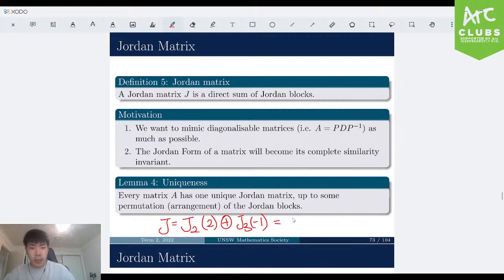But that's the same as me saying J3(-1) direct sum J2. That's what it means by unique up to a certain extent, because we can always rearrange the Jordan blocks however we want. But the main takeaway is that we can always find a Jordan matrix, and furthermore, it will pretty much be unique up to a certain extent. Okay, let's keep going.